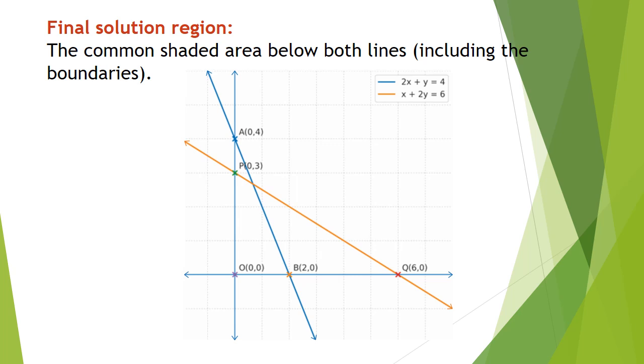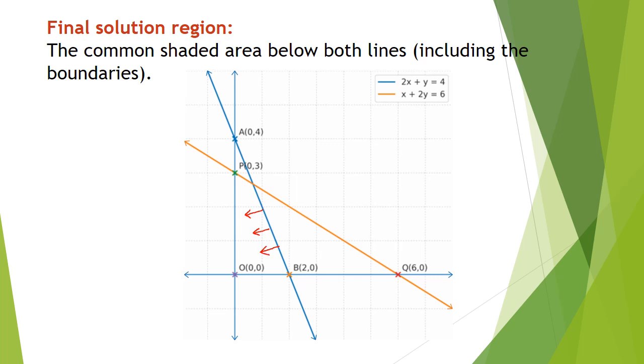Dear students, now we will plot the common area between both of the inequalities. Students, as we did in our previous step, we know that the test point is true for L1. So L1 includes the region in which the origin is included. So the required region for L1 is this one, this side of the line.